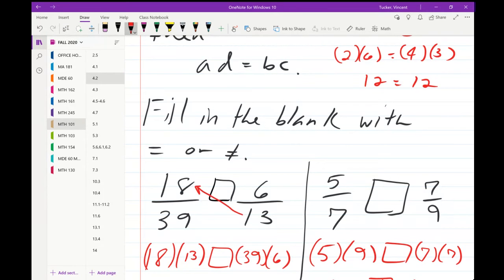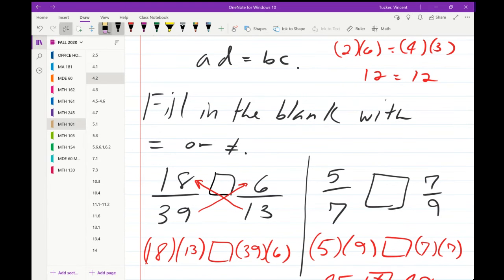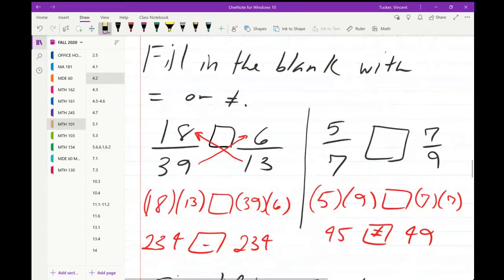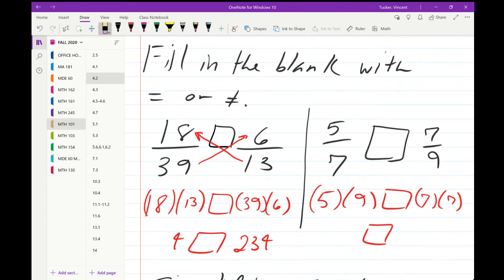So you take your denominators, and we have 18 times 13, which is 234, and then 39 times 6, which is also 234. So since they are equal, that means that your two fractions are equal.